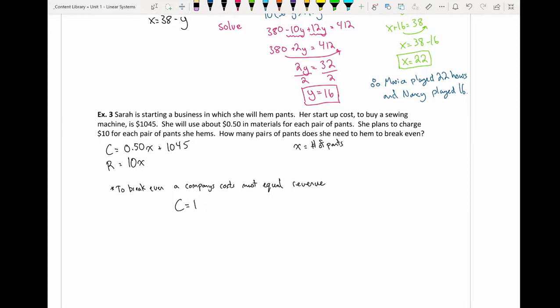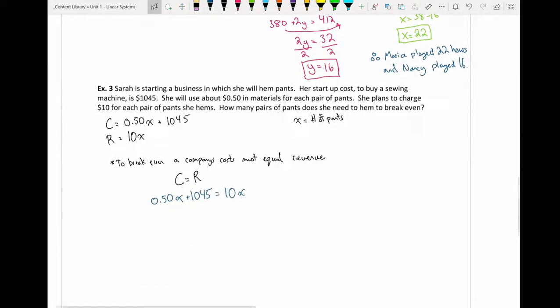So this one's going to be a little bit different, but we're still plugging two equations into each other. Right? So if I go through, I have the cost, so 0.50x plus 1045 is equal to 10x. And now I'm going to solve. I want to get my variables on one side, so I'm going to move this over.